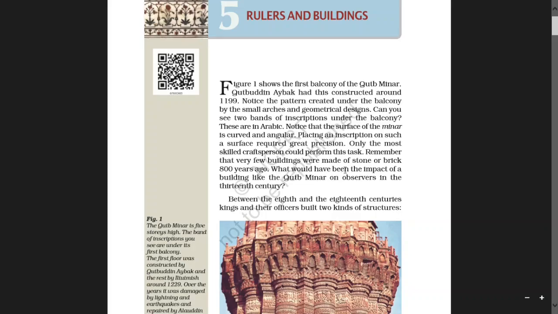What would have been the impact of a building like the Qutub Minar on observers in the 13th century? So it asks what would have been the impact. Impact means marked effect, of a building like the Qutub Minar on observers.